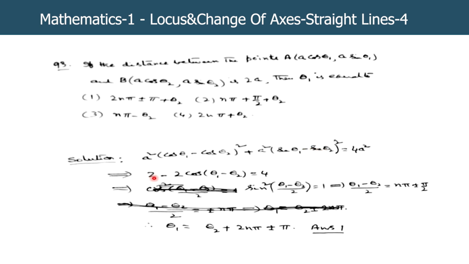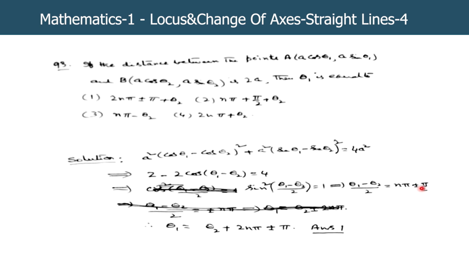So when you add, you will get 2 minus 2 cos theta 1 minus theta 2 is equal to 4. That means sin square theta 1 minus theta 2 by 2 is equal to 1, because you know that 1 minus cos theta is 2 sin square theta by 2. So this shows that theta 1 minus theta 2 is equal to n pi plus or minus pi by 2.